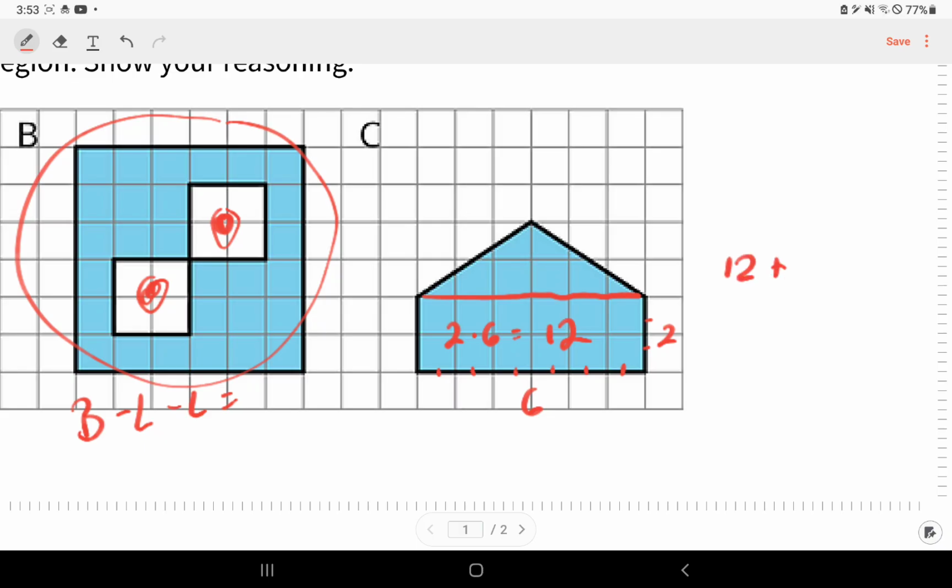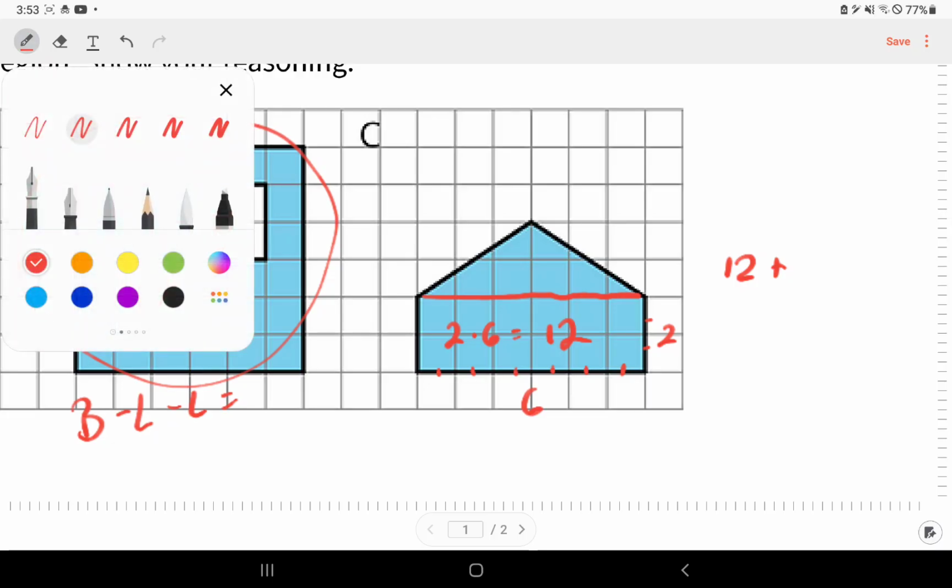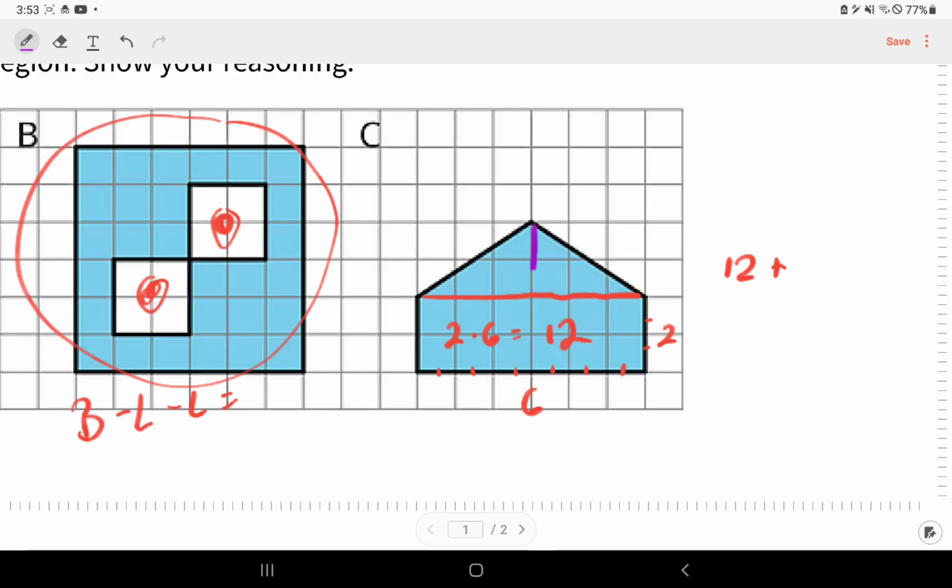Well, there's a couple ways we can do this top one, and probably the easiest way is if we split it here. Now I can take this triangle and move it around.